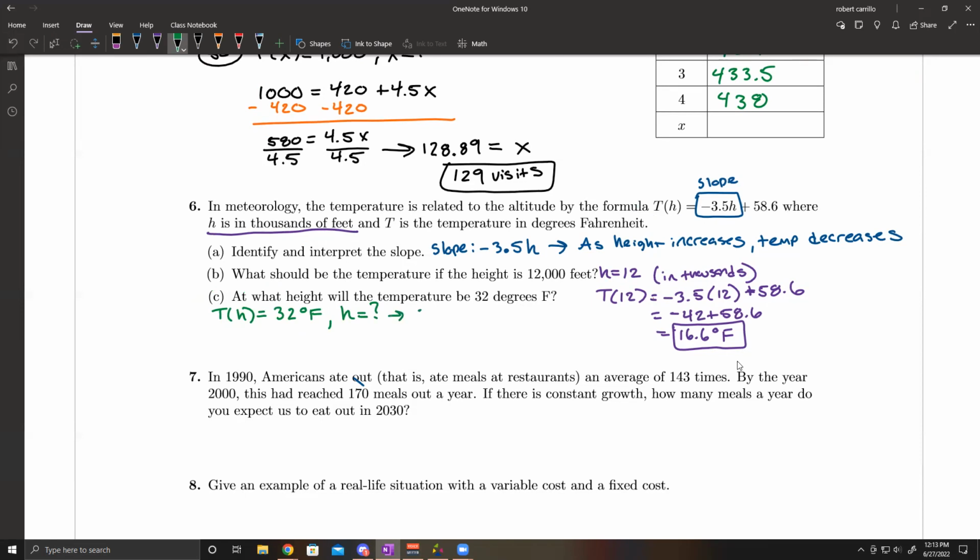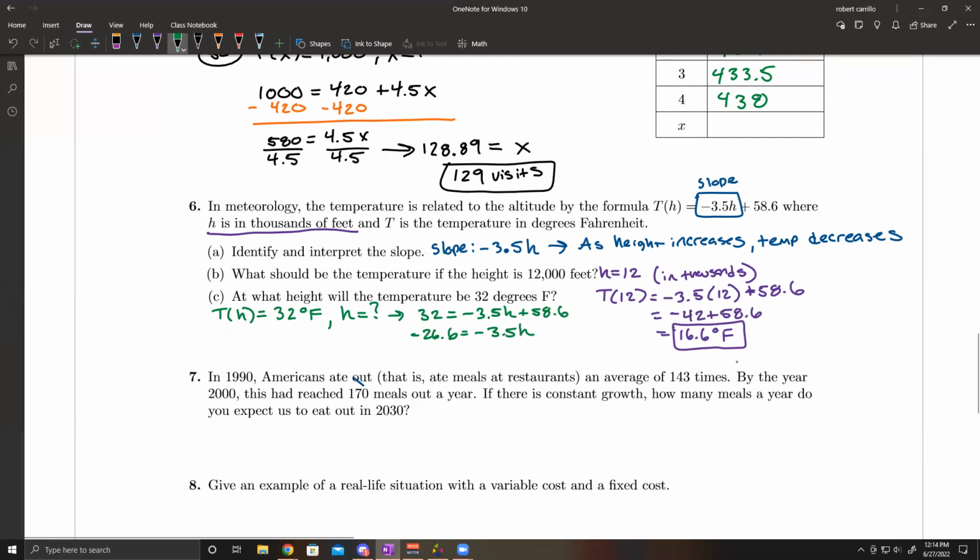So this means we'll have 32 equal to negative 3.5H plus 58.6. I'm going to subtract that 58.6 to the left. So you'll have 32 minus 58.6. This will give me negative 26.6 equal to negative 3.5H.